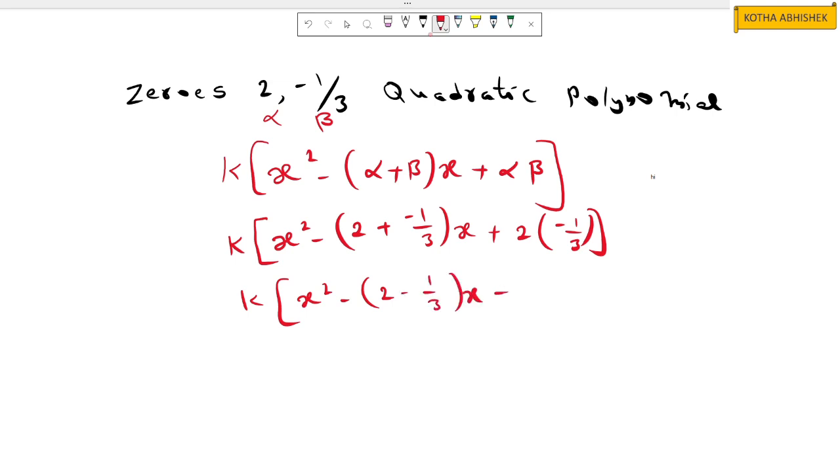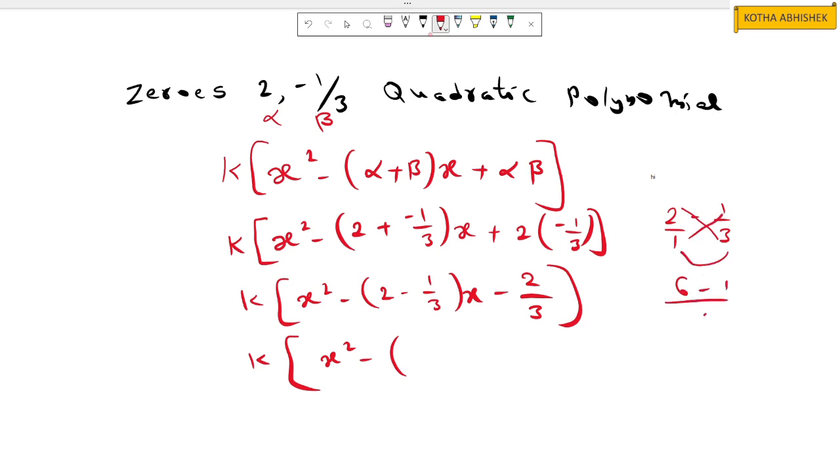Here plus into minus is minus, 2 ones are 2 divided by 3. Next k as it is times x square minus open bracket. Now first let us simplify the inside one. We have 2 minus 1 by 3, right? This 2 I am writing as 2 by 1. So let us do cross multiplication. 2 3s are 6 minus 1 1s are 1 divided by 3 1s are 3. 6 minus 1 is 5 divided by 3.